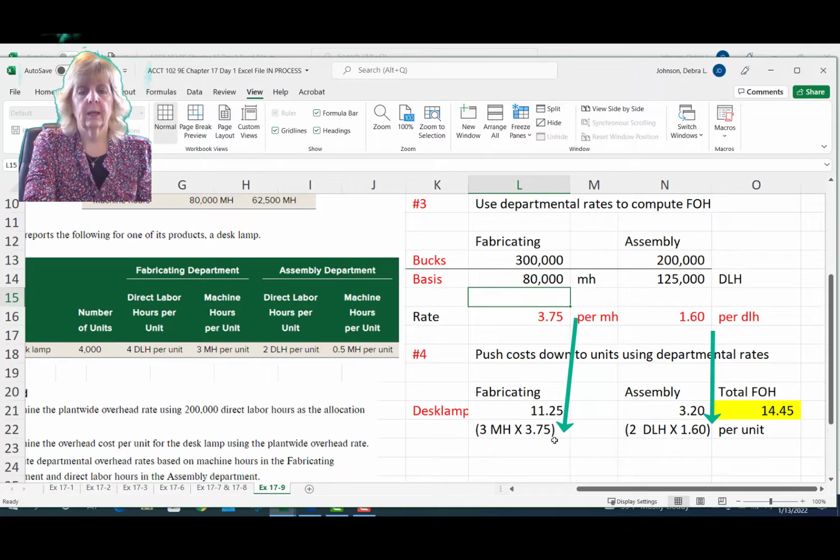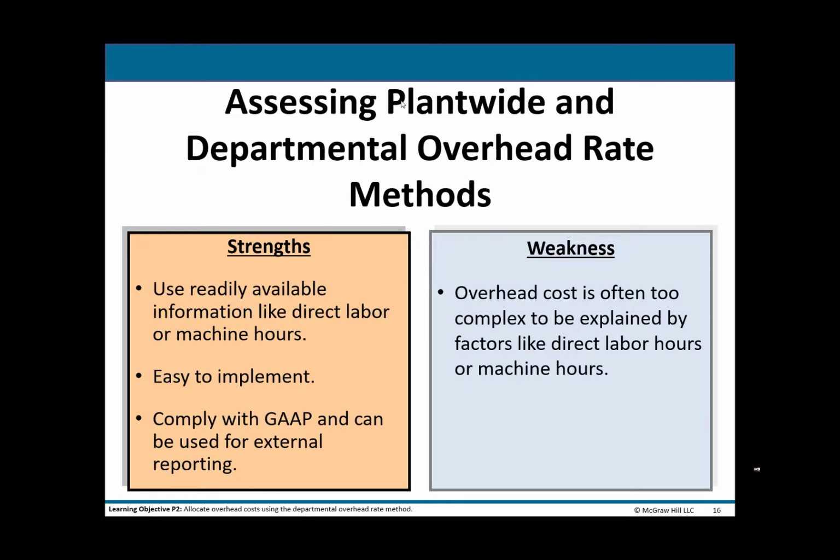The fabricating for the desk lamp took 3 machine hours to complete. We multiplied that by the rate we computed above. And that desk lamp took 2 direct labor hours in the assembly department, so we multiplied that by the rate that we computed above. Do the math. The desk lamp came out with total factory overhead allocated of $14.45. For each of the methods that we're studying, make sure that you know the advantages and disadvantages to each.